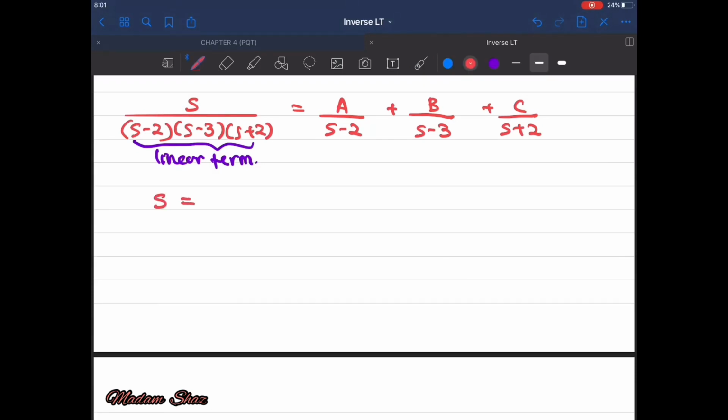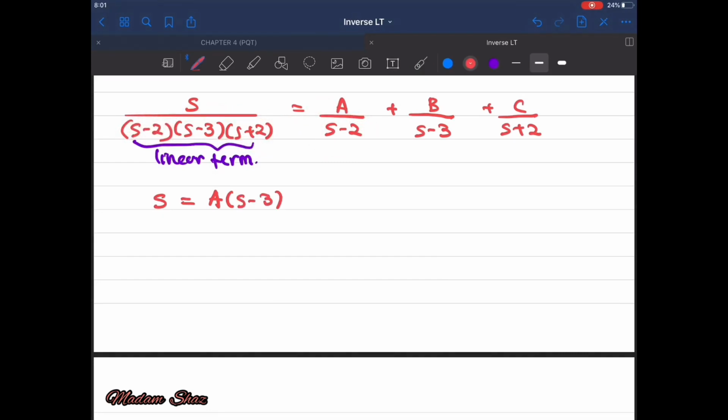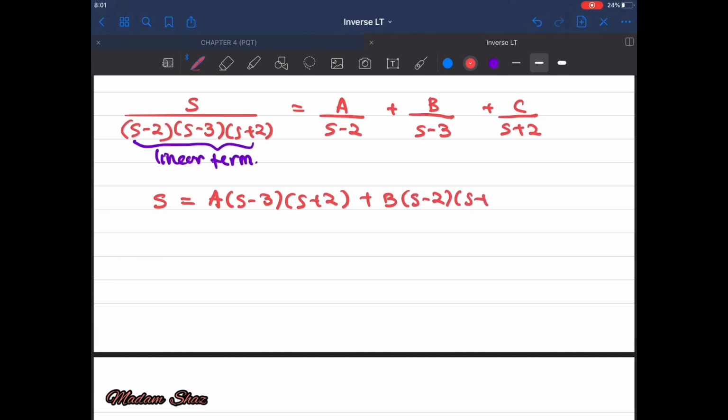So s is equal to A, A is divided with (s − 2), so we will close (s − 2), so (s − 3)(s + 2) will be multiplied with A. Plus B, B is divided with (s − 3), so we will close (s − 3), which means (s − 2) and (s + 2) will be multiplied with B.